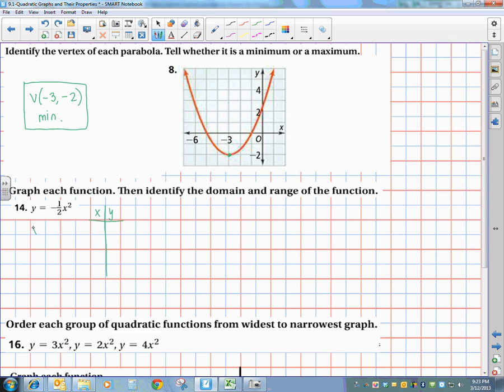Our vertex is still 0, 0, because we have just an a value. And my key points were 1, 2, 3, and 1, 4, 9. So on my graph, actually, I'll go put some axes first.